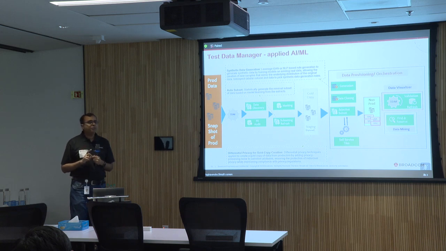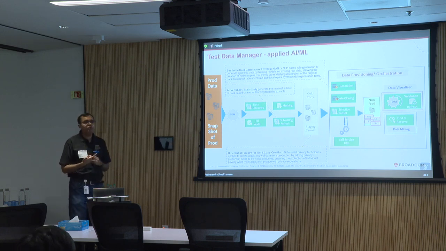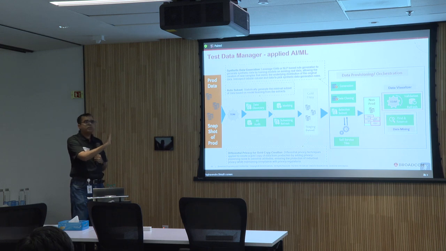Think of it when encryption came in and AES 256 became a gold standard. Similarly, there are active standards being developed for differential privacy. And this allows you to just build a model on top of production, but be really safe that whatever you're querying out is still non-PII, right?